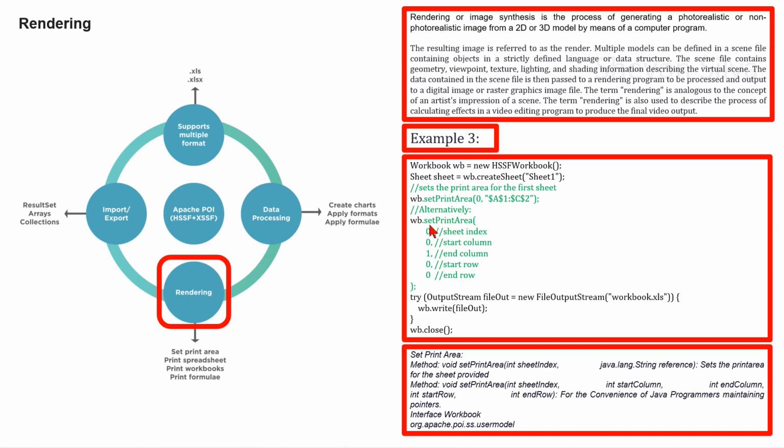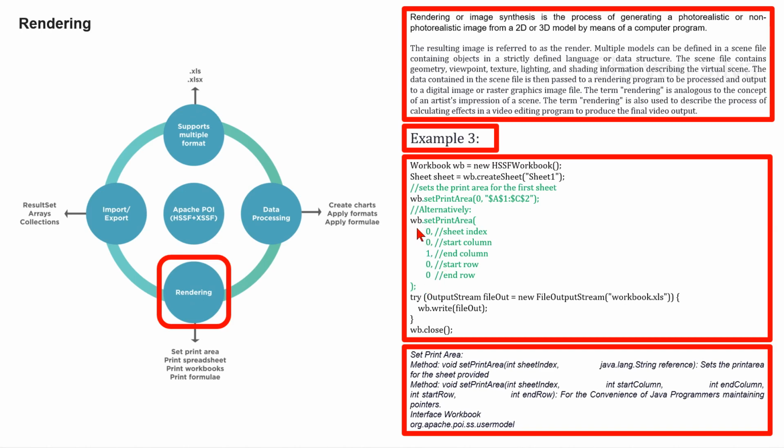The method void setPrintArea(int sheetIndex, int startColumn, int endColumn, int startRow, int endRow) is for the convenience of Java programmers maintaining pointers.